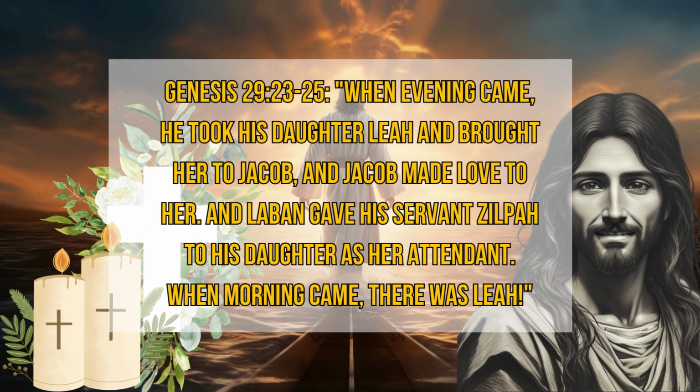Genesis 29:23-25. When evening came, he took his daughter Leah and brought her to Jacob, and Jacob made love to her. And Laban gave his servant Zilpah to his daughter as her attendant. When morning came, there was Leah.